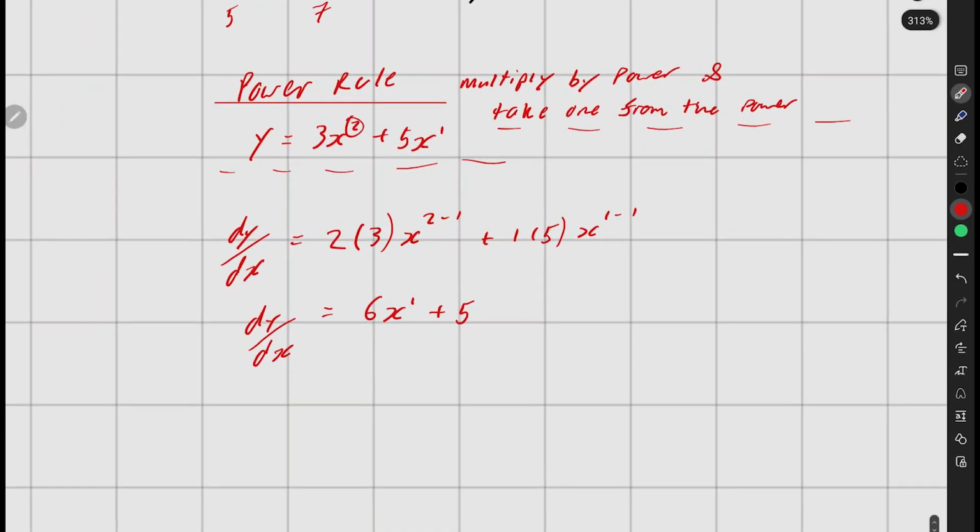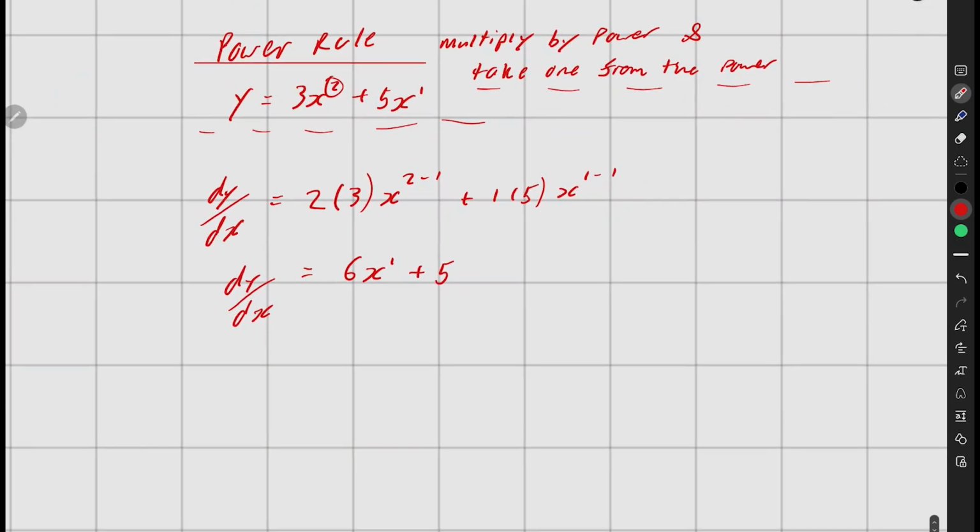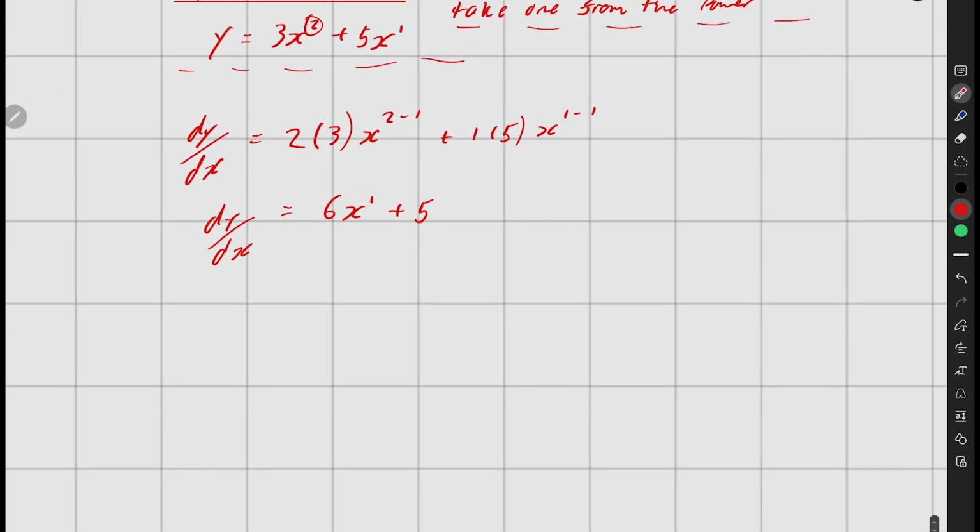This is your power rule. And let's move on to just some general rules for differentiation regarding logarithms, exponentials, trig functions, that kind of stuff.